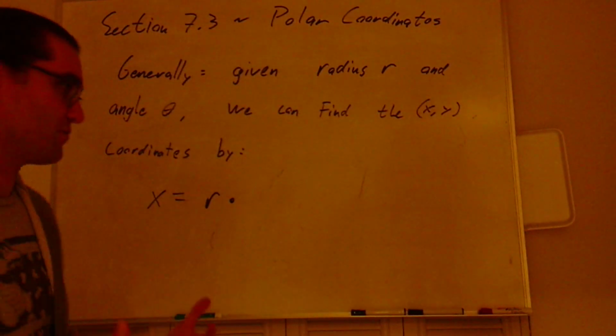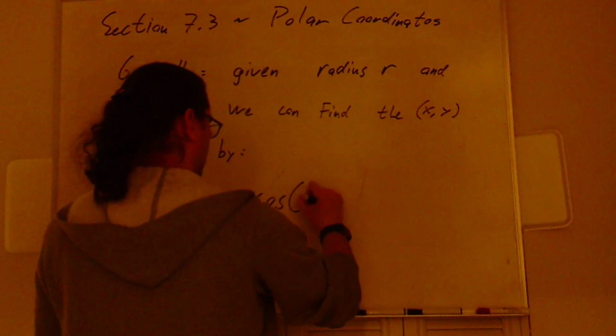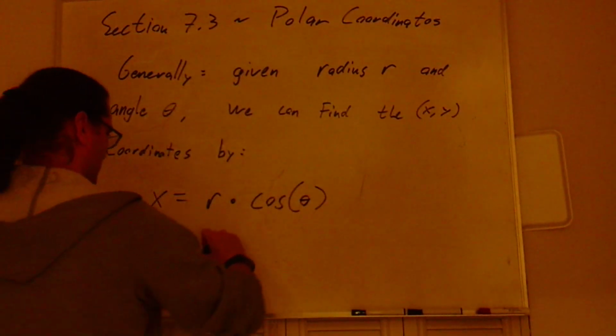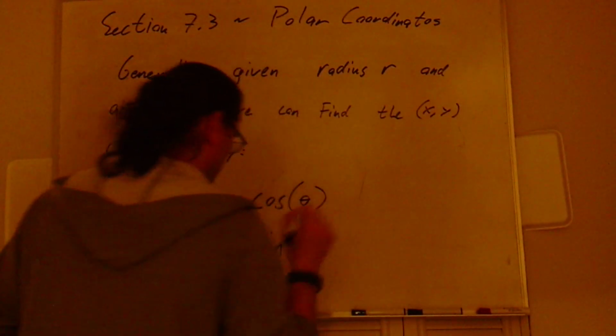And the fancy way to write the x coordinate on the unit circle is cosine theta. And y is the radius times sine theta.